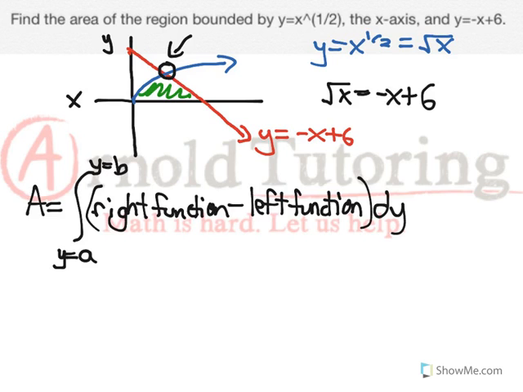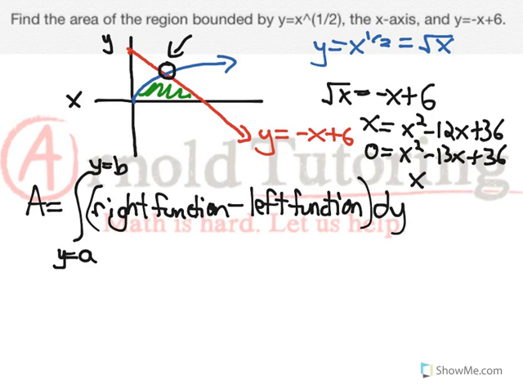We could square both sides and get x equals x squared minus 12x plus 36, so 0 equals x squared minus 13x plus 36, which factors to (x minus 9)(x minus 4) equals 0.